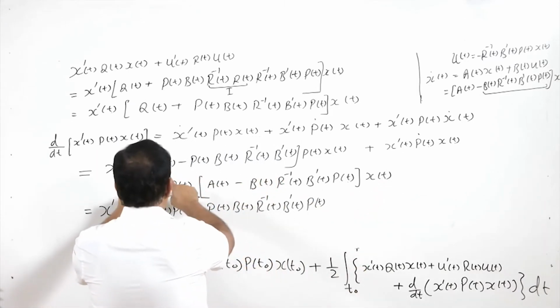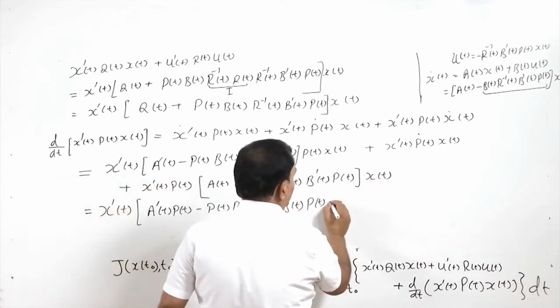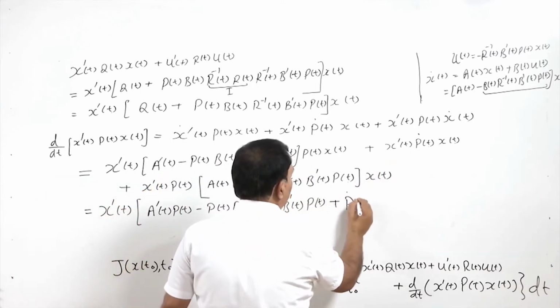So by expanding the first term we got this. From the second term we got only the P dot of t.